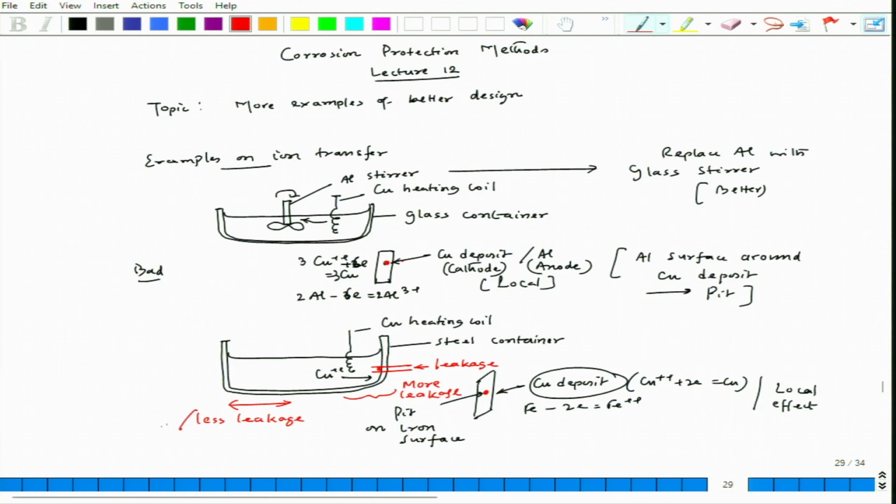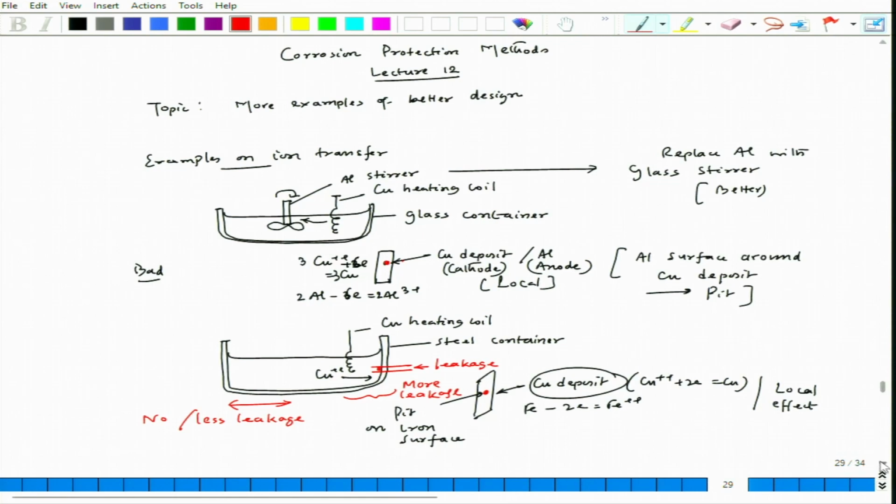In fact, less or negligible or no leakage in the other part. The major reason here is we have the copper coil close to one of the walls of the steel container. So, if it is a rectangular tank, or, let us say, a circular tank.